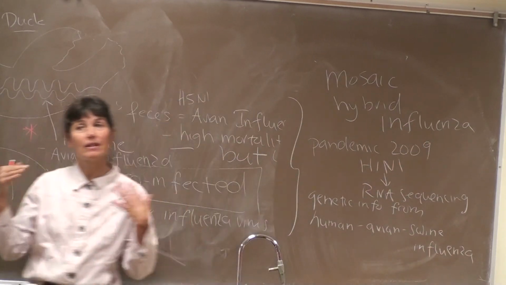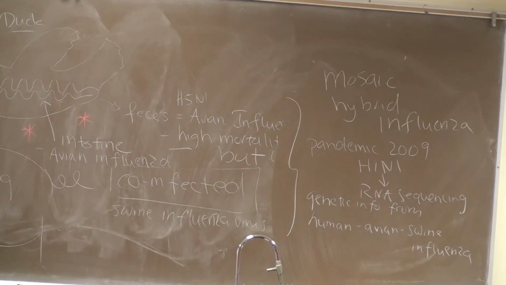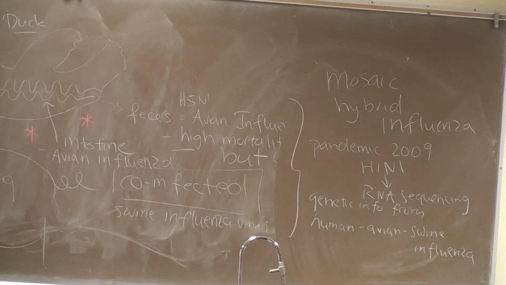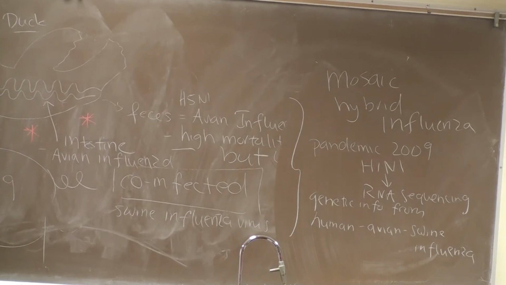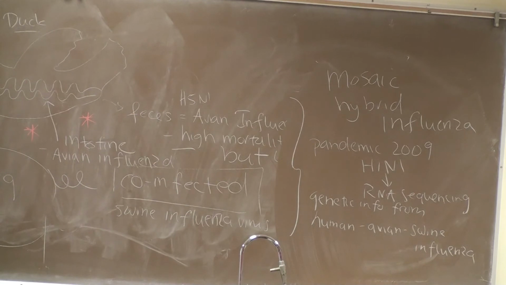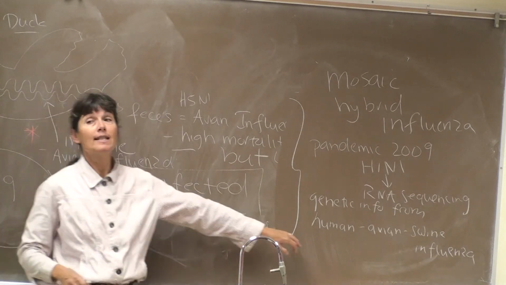Okay, so these group A influenza viruses have incredible potential to undergo these recombination events and generate incredible genetic diversity and generate strains that we're worried about that have really high transmission between humans and really high mortality rates. That's the nightmare. Luckily, this one didn't.